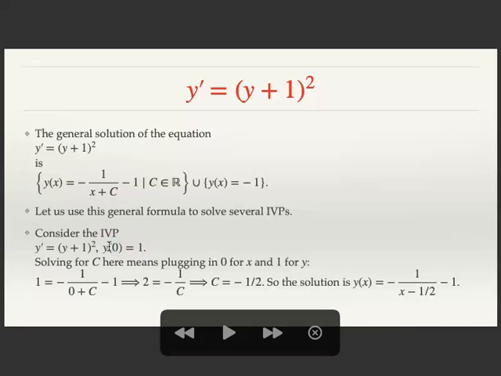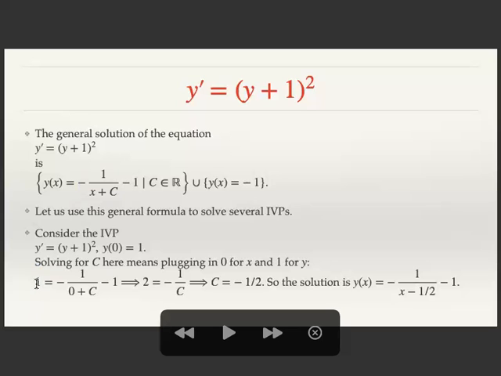Here it says y(0) = 1. So I plug in x = 0 and I plug in 1 for y.